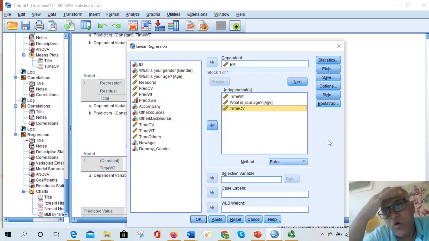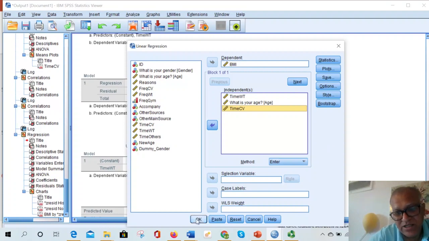We are saying body mass index is affected by 3 factors. One is time spent on the weighing machine, second is the age of the people, and the third is the time they spend on cardiovascular activities. So 3 variables are affecting body mass index. Let's see the results.